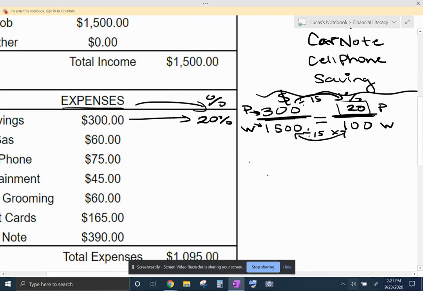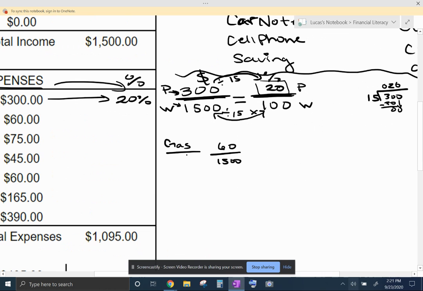Now we can go to gas. So how much is he going to spend on gas for his car? Well, the gas he spends is $60 out of the $1,500 that he makes. So this is our money, and this is our part, which is the gas, over the whole, which is the total amount he makes. And we could set that equal to our whole on percentages and figure out our part, which is the percent of the budget that gas is. So it would be the exact same thing.